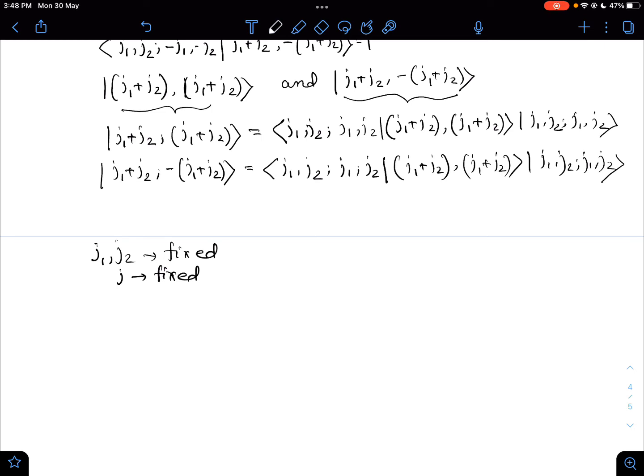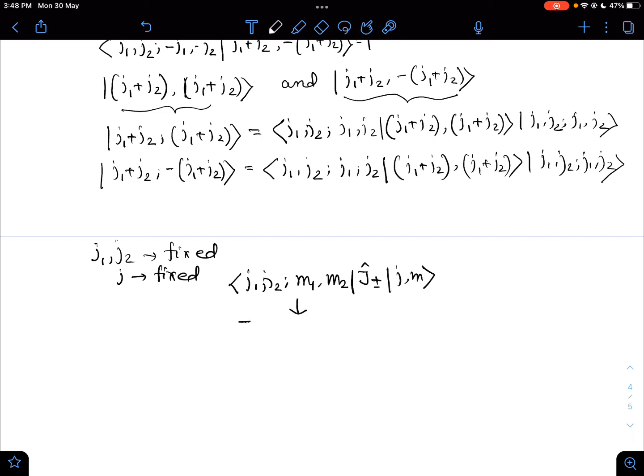To find the recursion relation, we need to evaluate the matrix element ⟨J1, J2, M1, M2| J± |J, M⟩. We can calculate this value in two different ways.